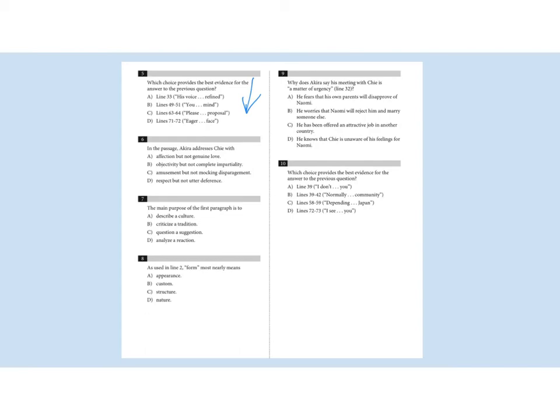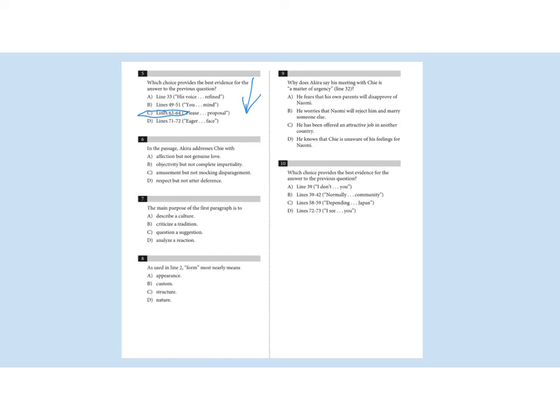If you get number 4 correctly, that he's very concerned that she will find his marriage proposal inappropriate, then out of all those line choices, it's pretty clear that it's lines 63 to 64 that support that, because that's where he says, please don't judge my candidacy by the unseemliness of this proposal. So those double downs can be tough. Just make sure that you're following along carefully and answer the first one right, then the second one becomes a piece of cake.